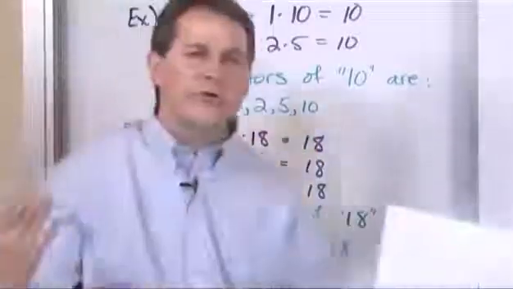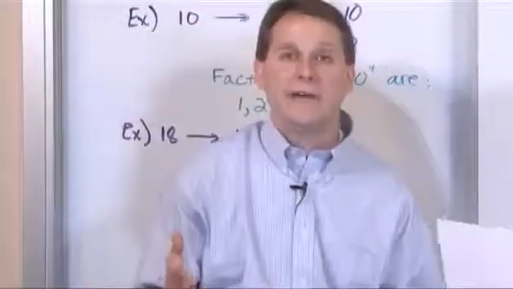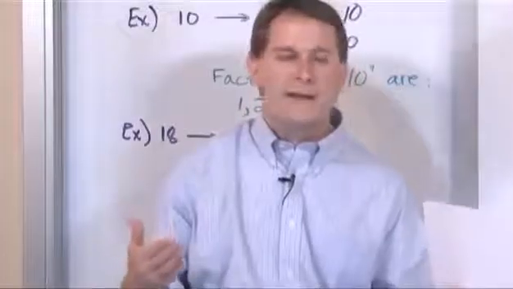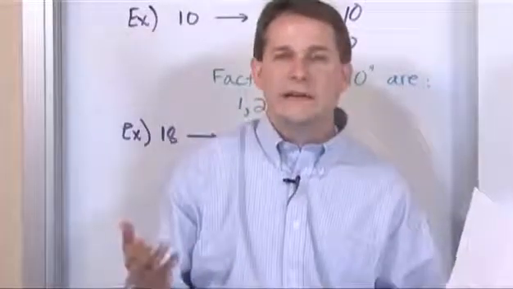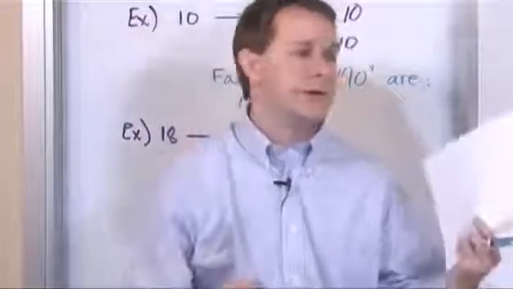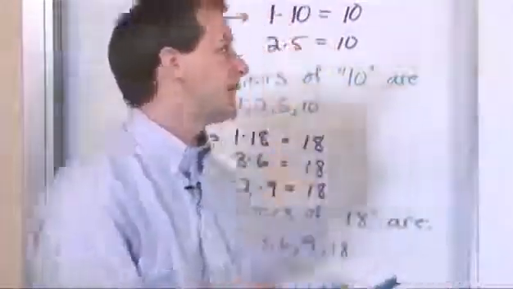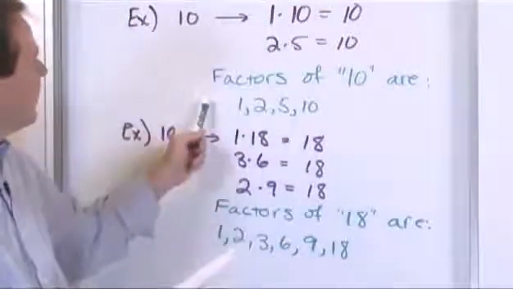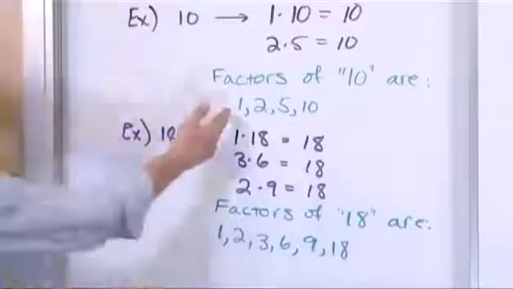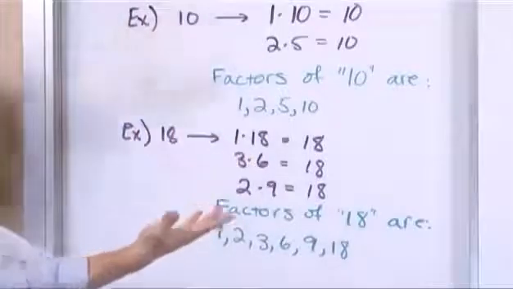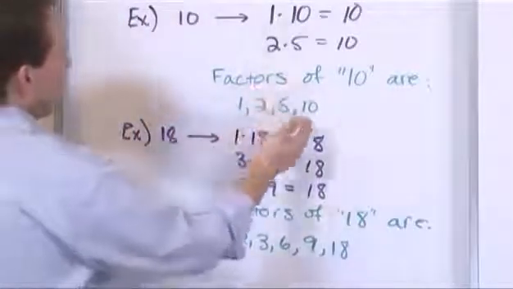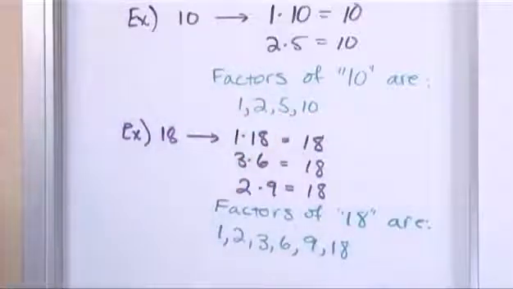So that's just another way to rewrite the definition of what a factor is. A factor is a number that is evenly divisible into whatever number you're after. So if you're looking for the factors of the number 10, then all of the numbers that you list should divide in evenly, exactly because of what we said before: they have to be able to be multiplied by something else to give you that number.